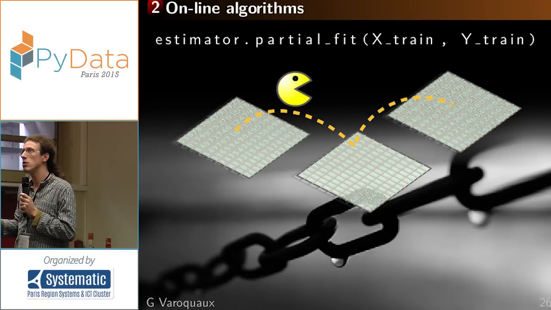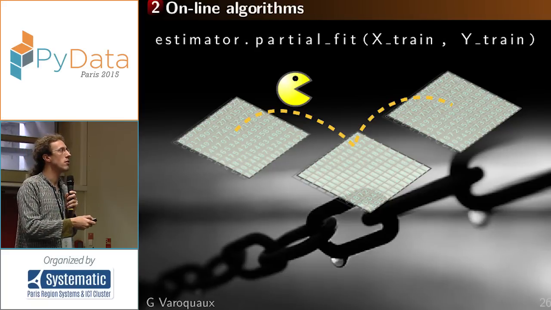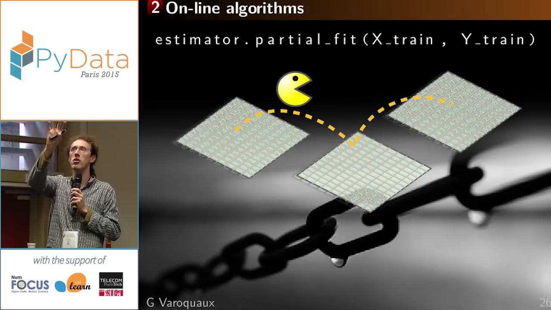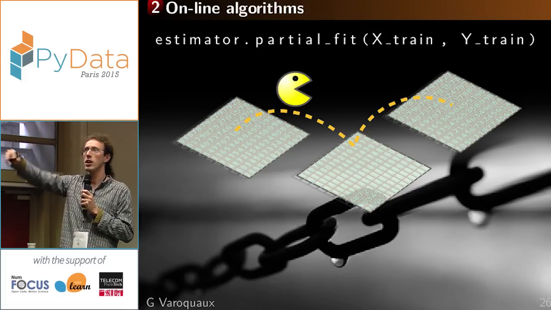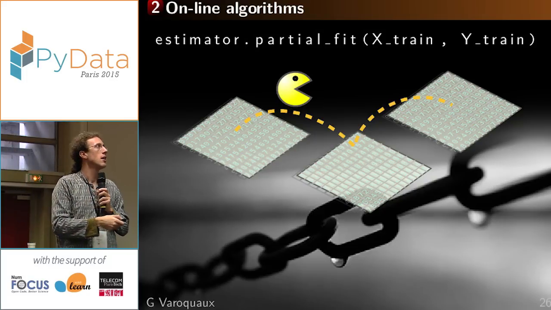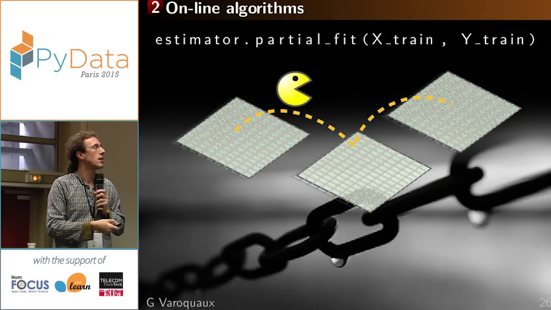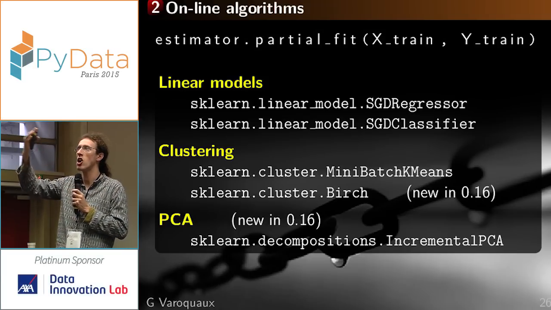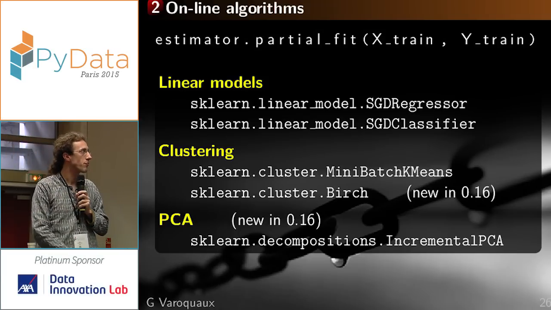So there's a simple solution for this, which is that you grab chunks of your data and feed them to the algorithm, chunk by chunk. So you don't have to load all your data. You take a chunk, you feed it to the algorithm. Some of the algorithms in scikit-learn can do this. They expose what we call partial fit, and basically you give it a chunk of data and labels.